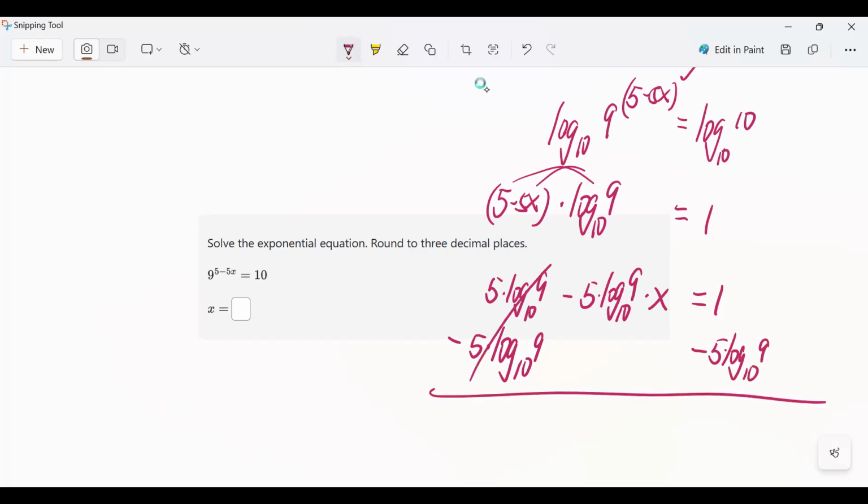Cancel that. We get minus 5 log 10 of 9 times x, which is equal to 1 minus 5 log 9. And we divide both sides of the equation by minus 5 log 9.